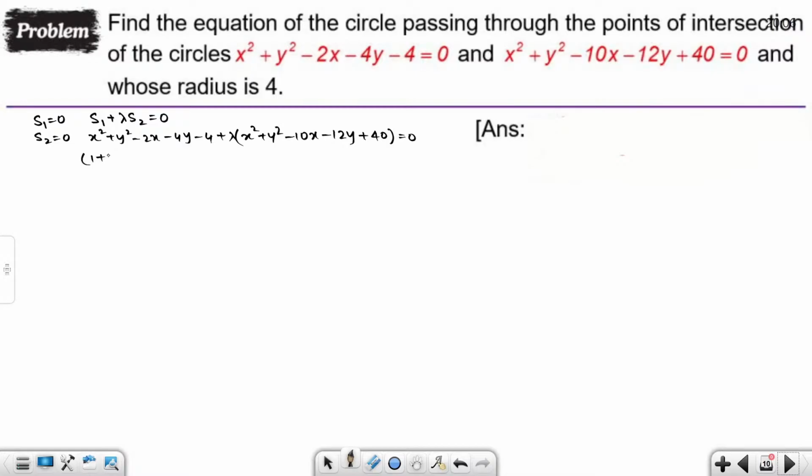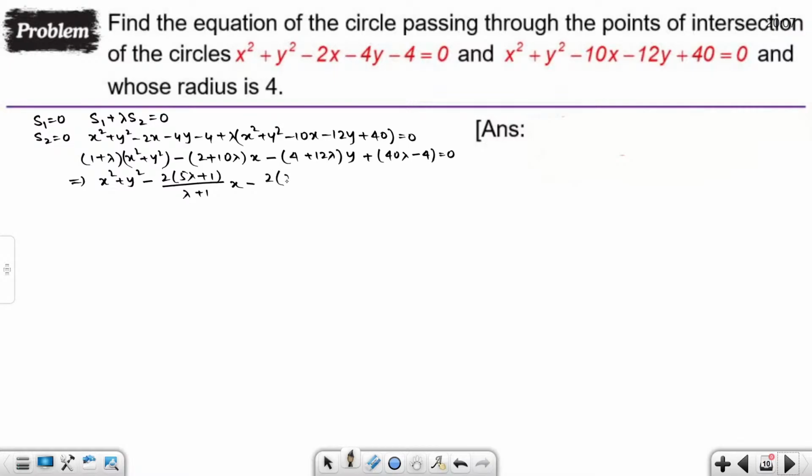So we are getting, thus the general equation of the circle becomes... Is it clear?